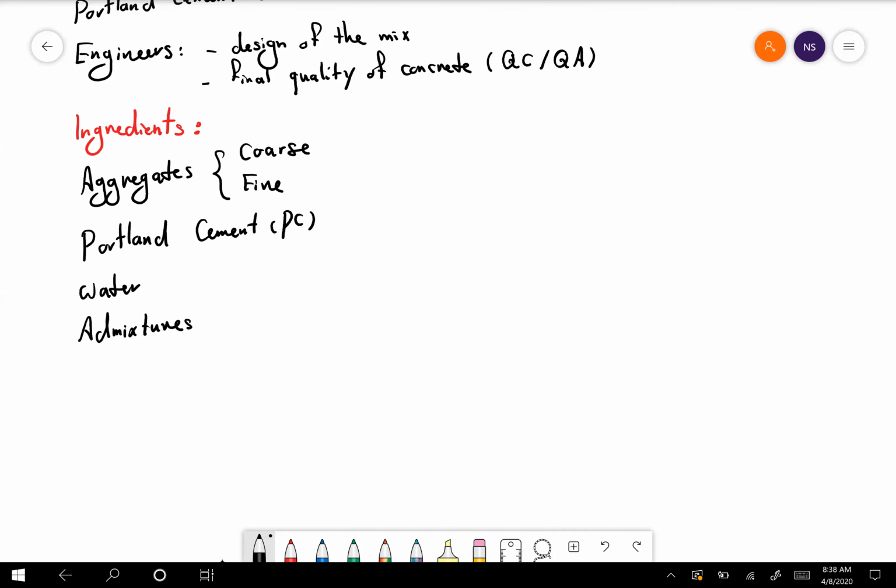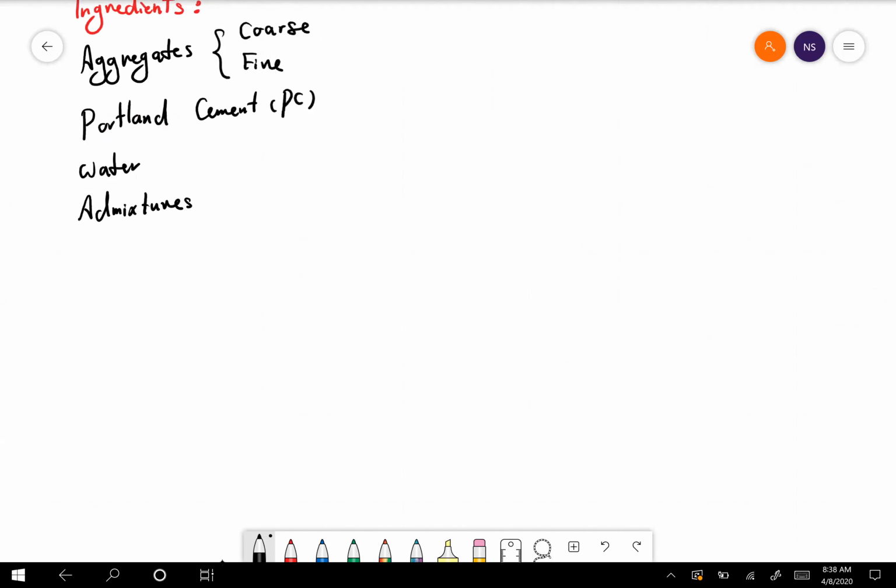Right? And then, just a quick flashback, we also talked about different combinations of water, aggregates, and cement. We had paste, which is Portland cement plus water.